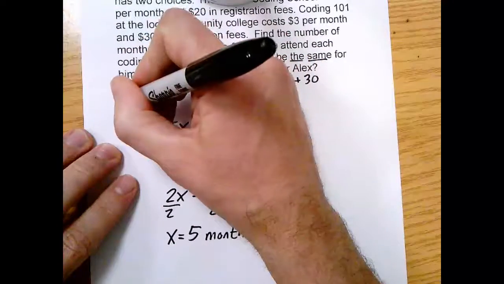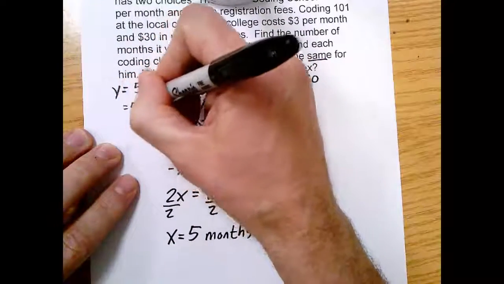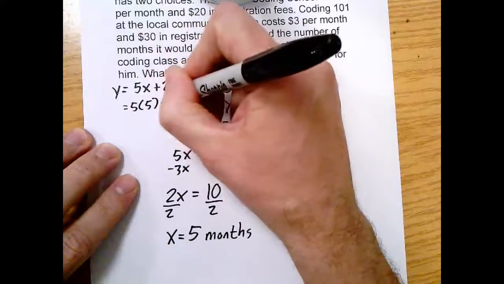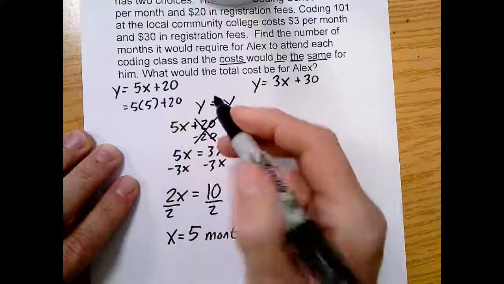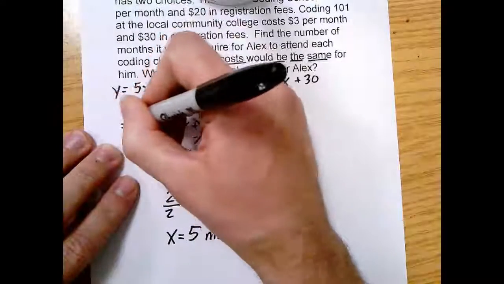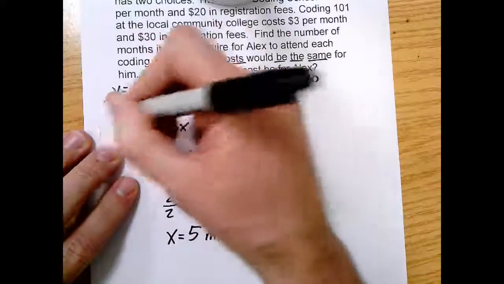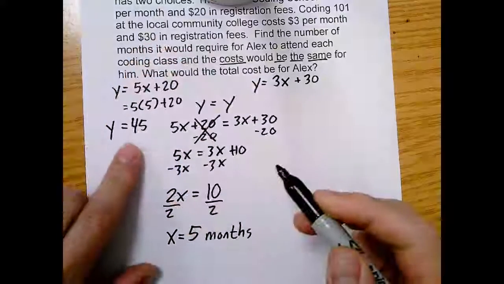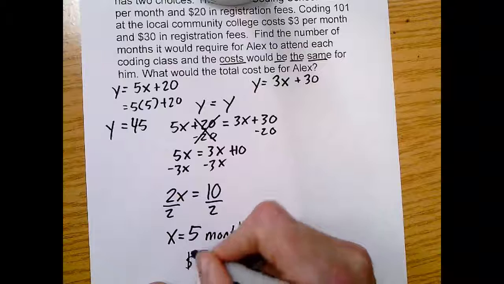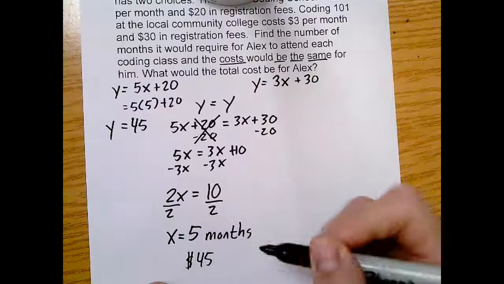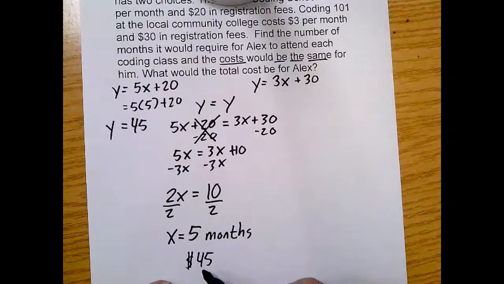So if x is 5, say 5 times 5 plus 20. Okay, well, 5 times 5 is 25, and 25 plus 20 is 45. So we know the total cost should be $45. Okay, so we know that it would be the same at 5 months, and the cost would be $45.